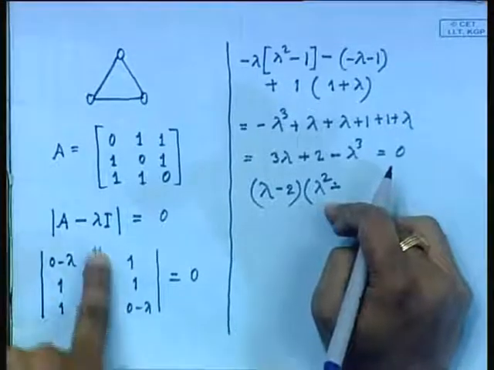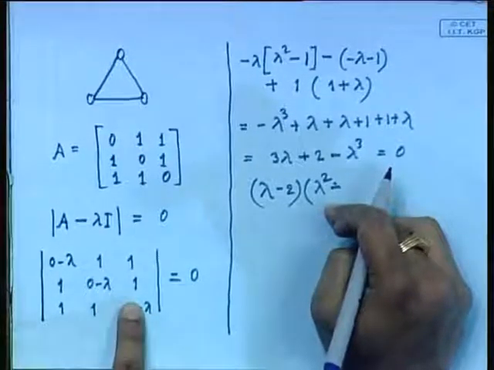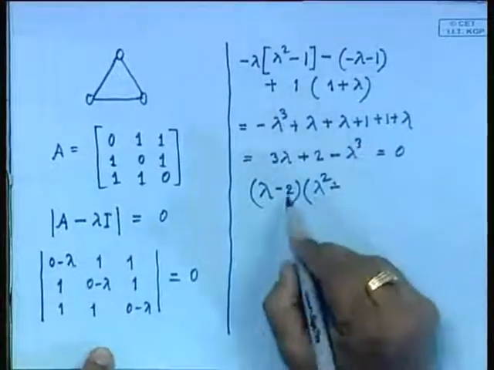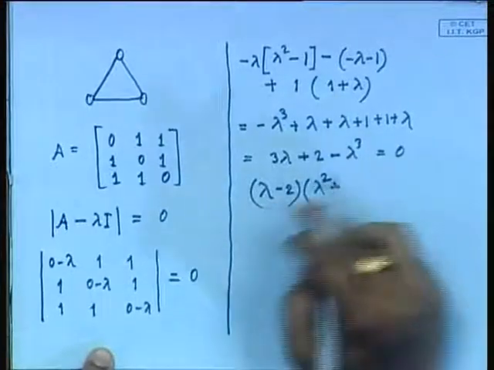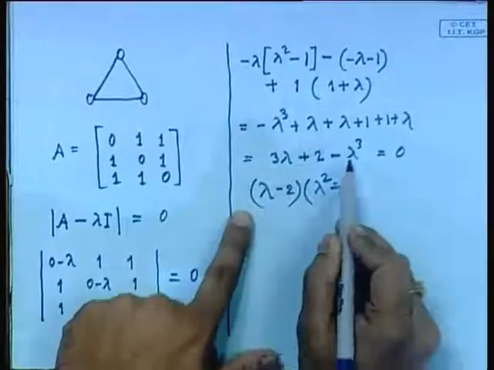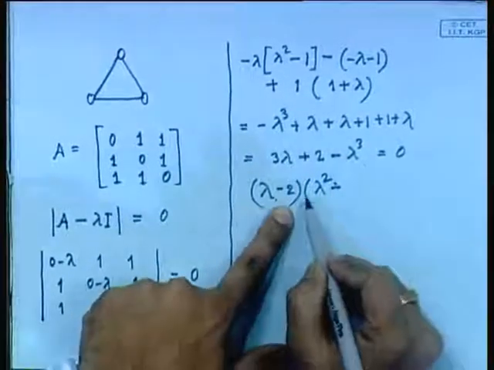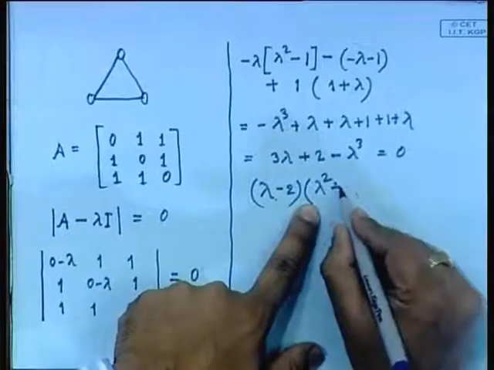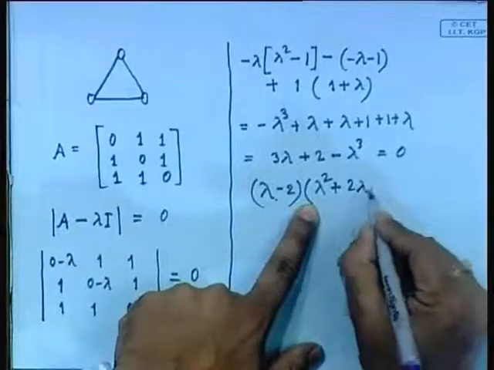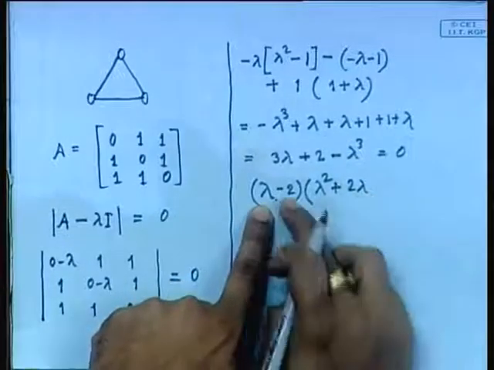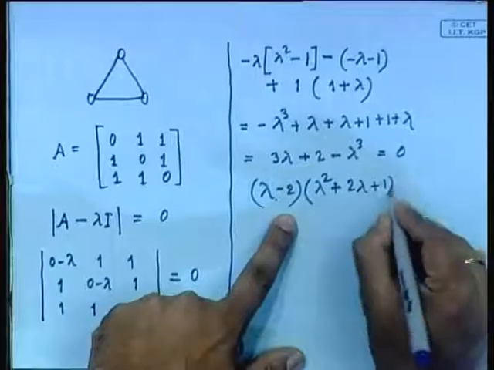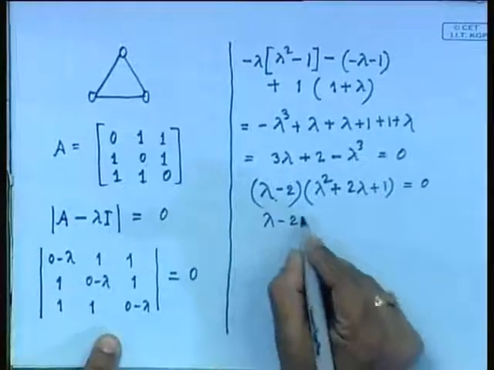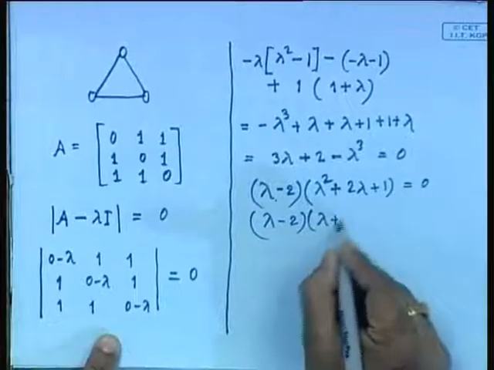Did I miss anything? Yeah, that is okay. So, you have lambda minus 2 as a factor. If you factor out, you have lambda square plus 2 lambda plus 1, equal to 0.